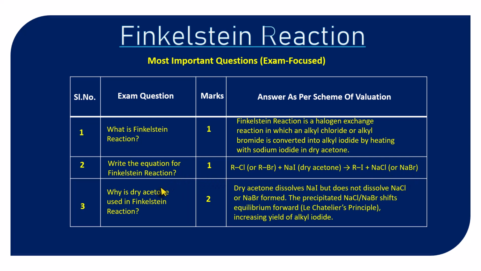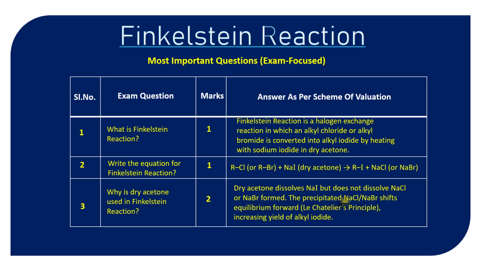Now one more type of question that can be asked for 2 marks. Why is dry acetone used in Finkelstein reaction? This we discussed in the beginning when we started with understanding of Finkelstein reaction. Because dry acetone being a polar aprotic solvent, it will dissolve the reactant NaI but does not dissolve the products NaCl or NaBr formed.